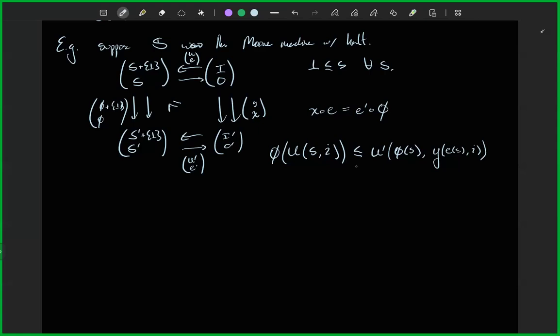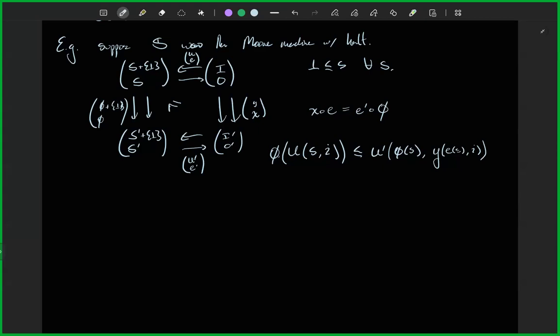Right. And so what does this mean? For example, it's really not phi, but phi extended by bot, mapping bot to bot. That's okay.